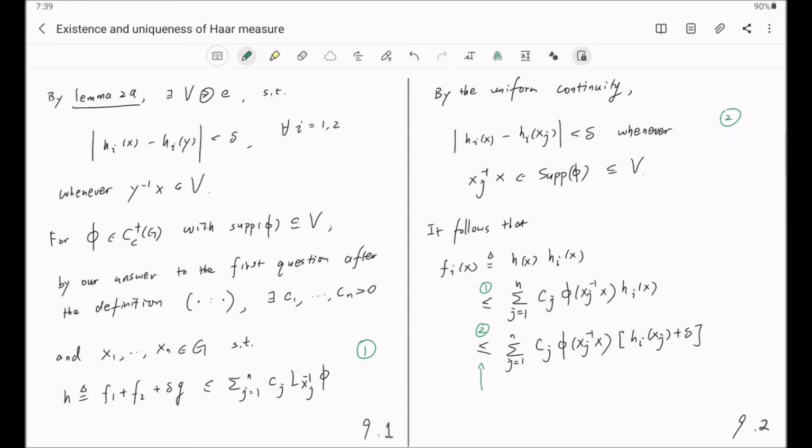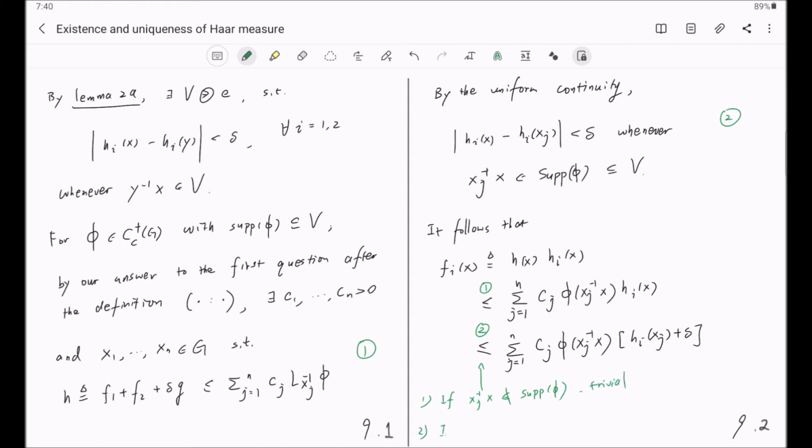There are 2 cases. First, if x_j inverse x is not in the support of phi, then the corresponding summand will both be 0. So trivially, this will be less than or equal to this. So this is a trivial case.